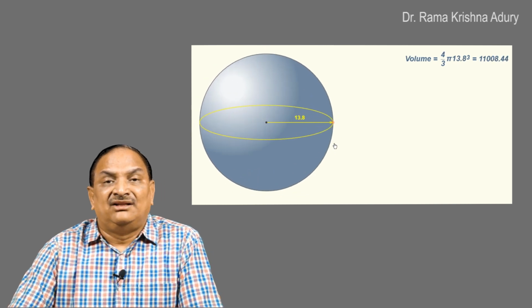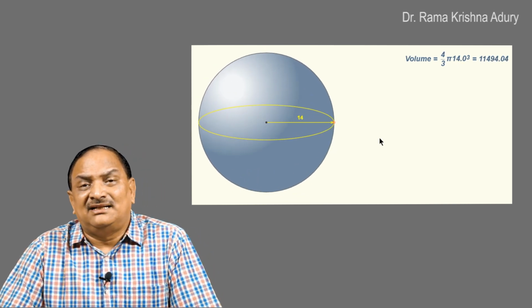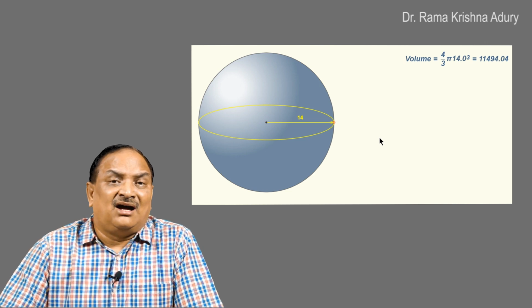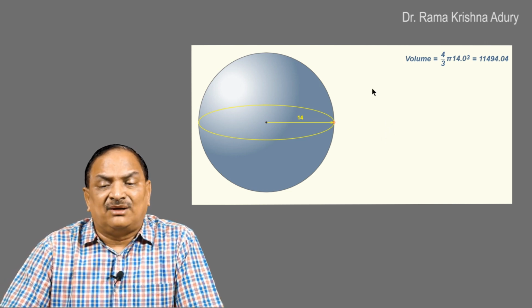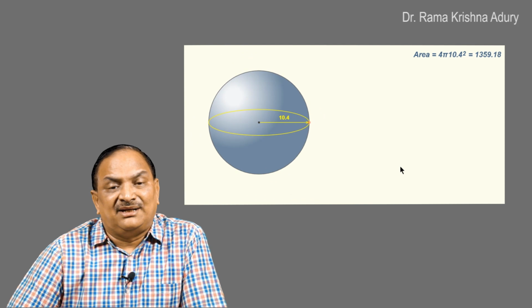What is the formula for the volume? 4/3 pi times r cube. This is the formula for the volume of a sphere. If you want to find the surface area, it is all curved surface, and 4 times pi r square is a simple formula you can remember.